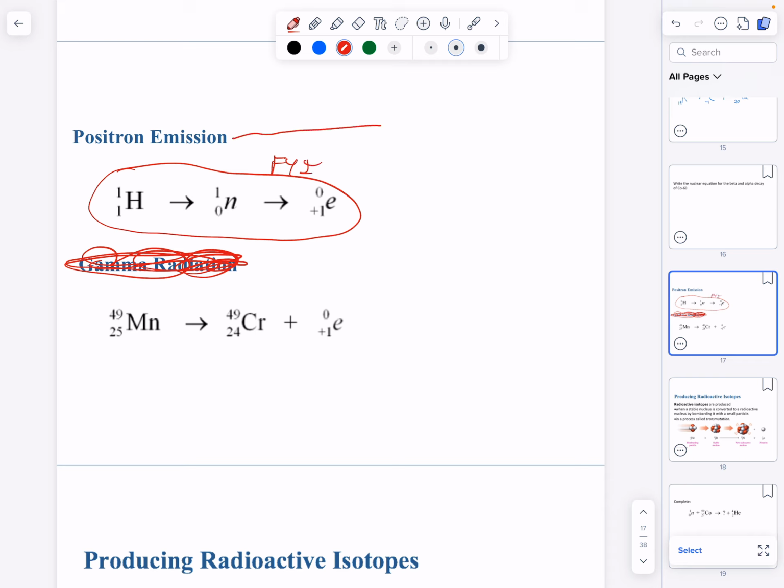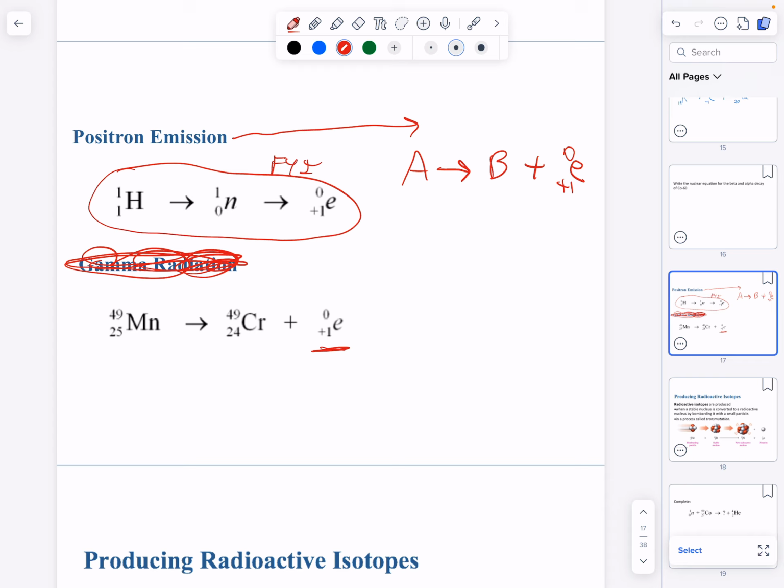A positron emission is when a compound called A is going to decompose into something else, and this time it produces a positron. Example: manganese 49, 25, decomposing with a positron. To become 25, it has to be 24, and that's chromium, and we balance the top.